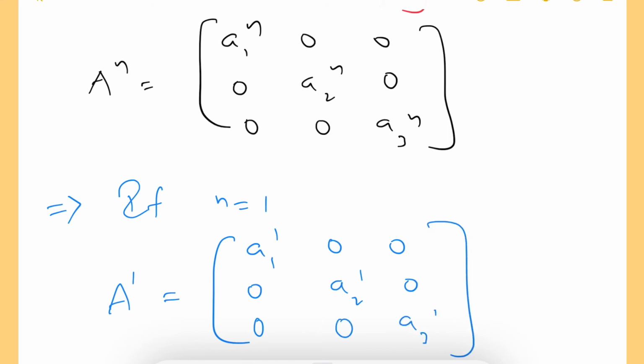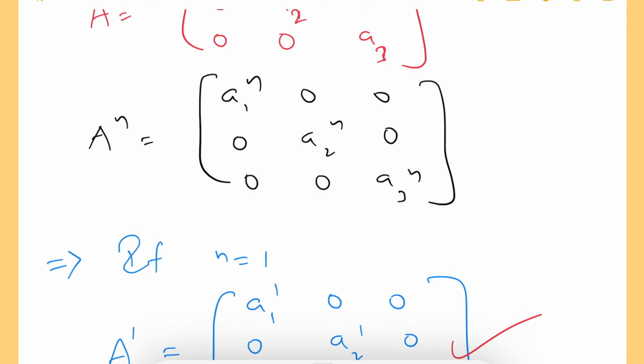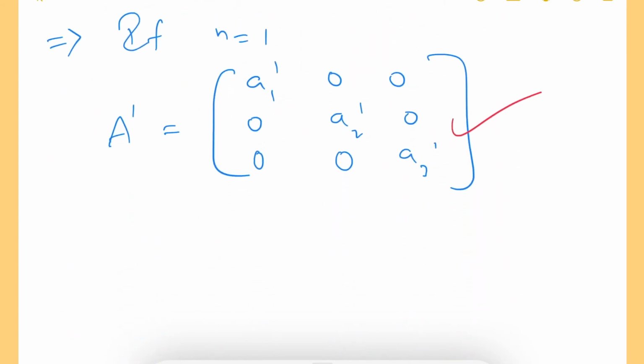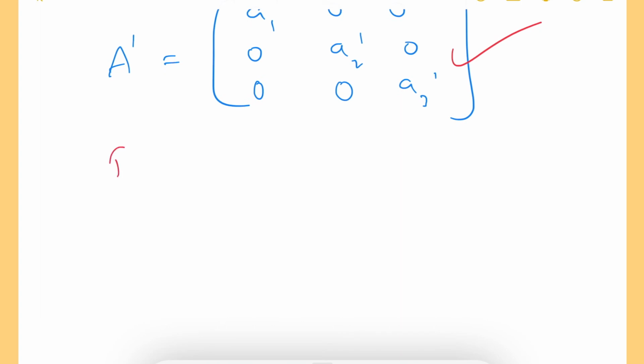Here power 1 is nothing but the number itself. So A1 power 1 is A1, A2 power 1 is A2, A3 power 1 is A3, and A power 1 is A. Now if we compare this with the given question, it is true. So we can say it is true for n equals 1.